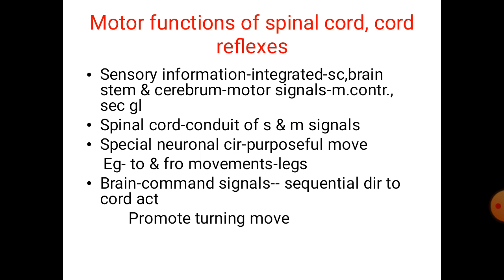The special neuronal circuits for special purposes are present, such as to and fro movement of the legs, or to and fro movement of the arms along with the lower limb movement. The brain commands the signals and gives the sequential direction to the spinal cord, and that has the final action, such as in promoting the turning movement.